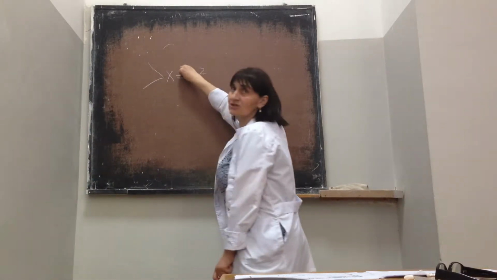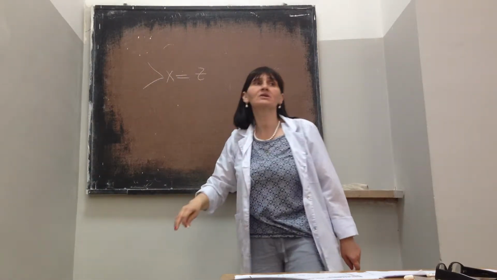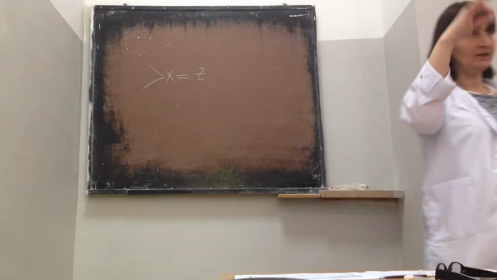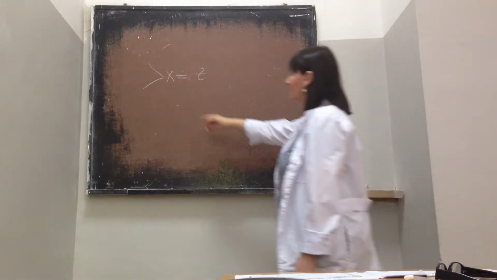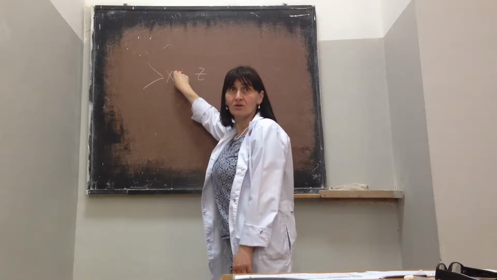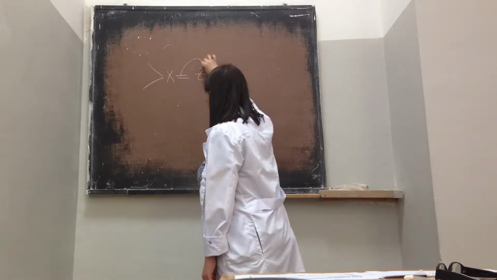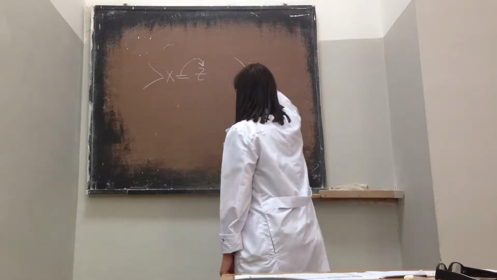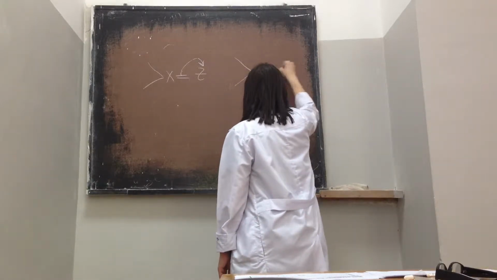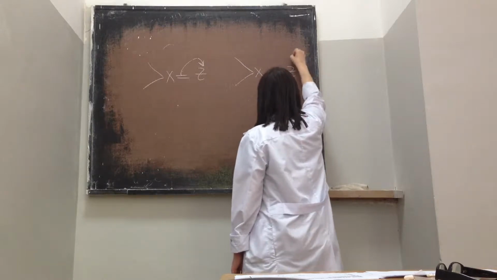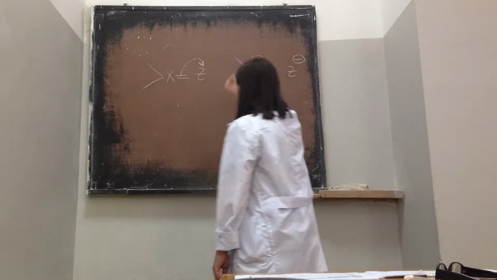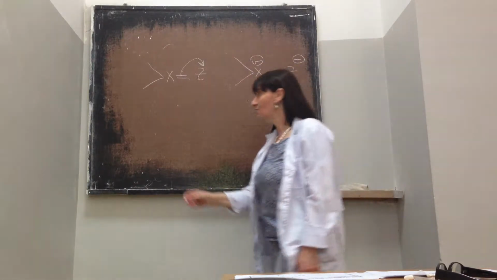If Z has more electronegativity than X, then 2 electrons transfer to this Z atom, and you get the next resonance structure, which looks like this. Here you have a minus charge, here you have a plus charge, like in ketones.